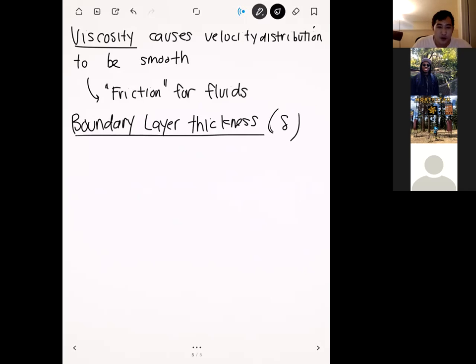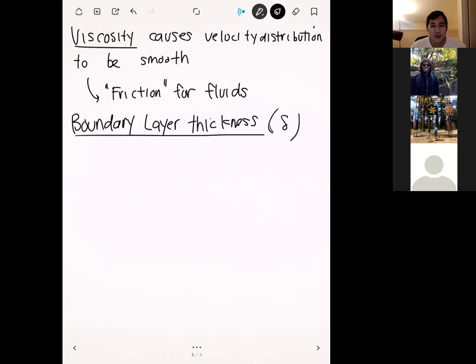If you look in your fluid mechanics textbooks, there are lots of different definitions for delta, lots of different ways to characterize the thickness of the boundary layer, because there's no distinct line in your fluid. If you look at flow past an airplane wing, you don't see a little line outside the airplane that is the boundary layer. You can't really see it.